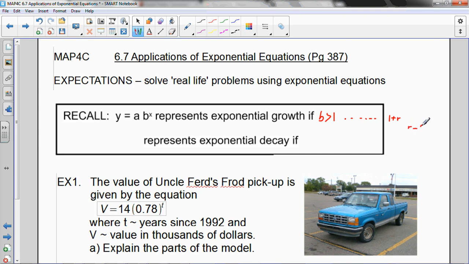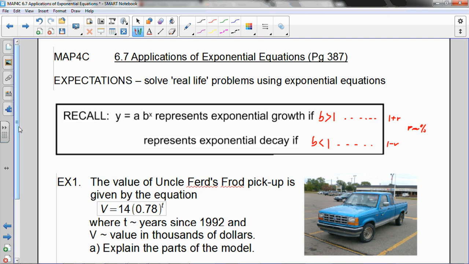R was the percent rate that it was growing. Similarly, the same function would represent exponential decay if b was less than 1, right? Like 0.96 was the equation on the 3-minute review. And we thought of this one as 1 minus r, where it's a little bit less than 100%.